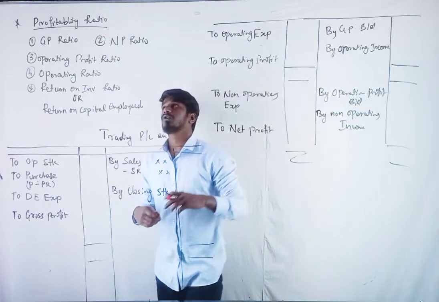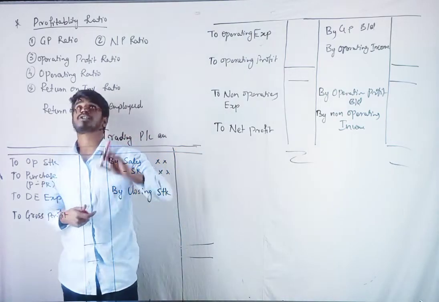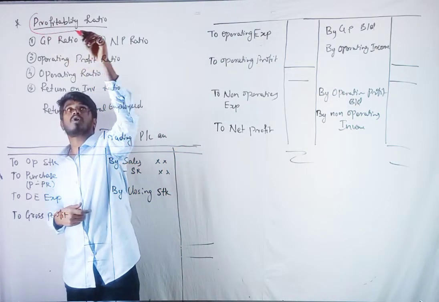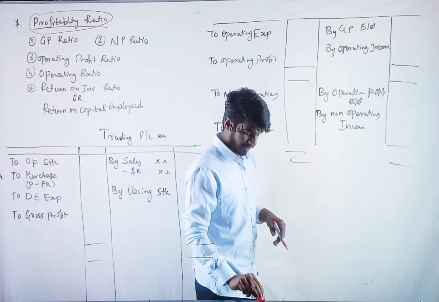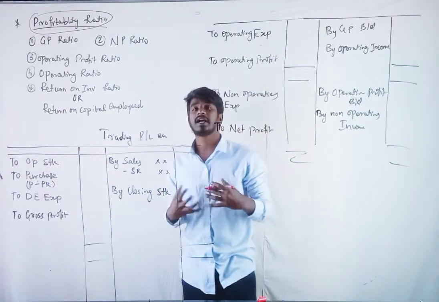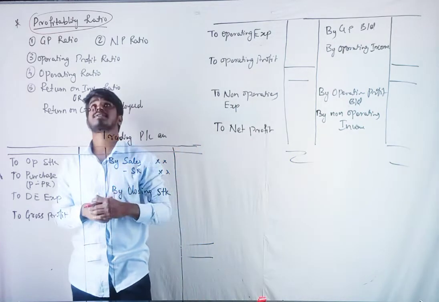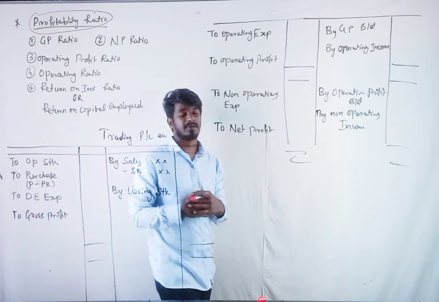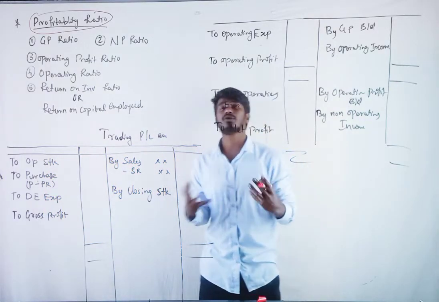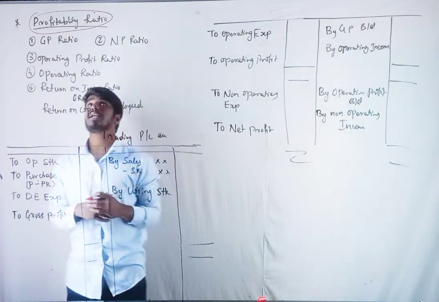Let us move on to the next major ratio, profitability ratio. The name suggests how much profit we can earn in a business, that will be calculated in the profitability ratio. The ability to earn in a business will be calculated.